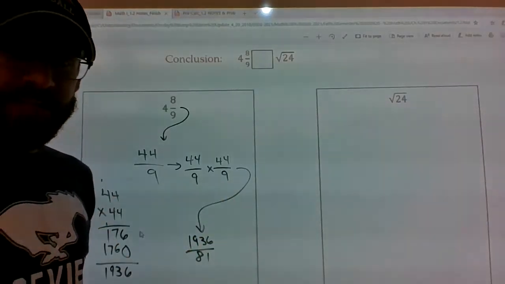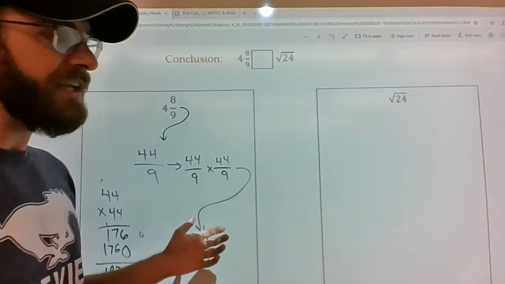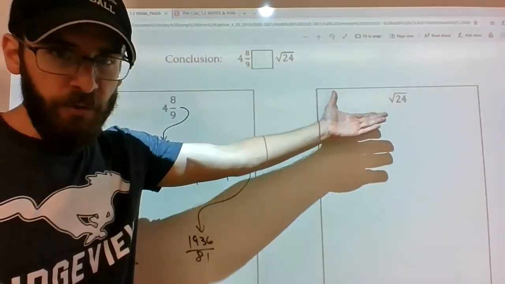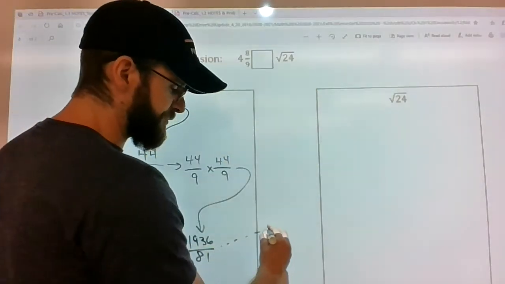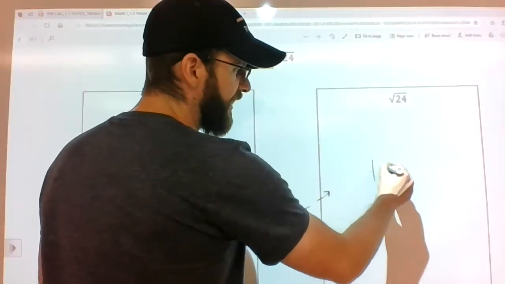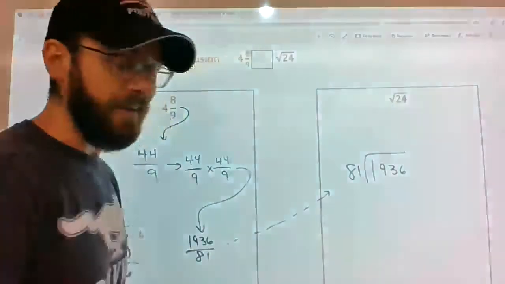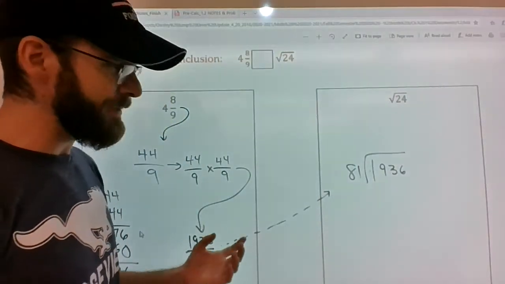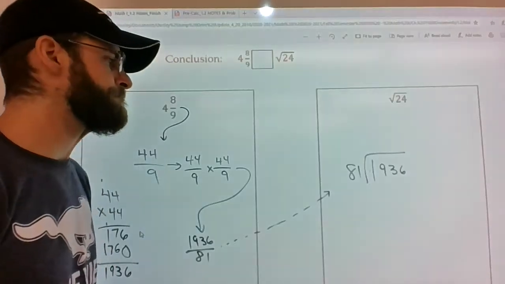Now at this point, I need to figure out if 1,936 over 81 is bigger or smaller than 24. I've got some extra space over here, so I'm going to ask myself, what is 1,936 divided by 81? I can convert that into a mixed number, but it seems like I need to set something a little more formal up to make that happen.